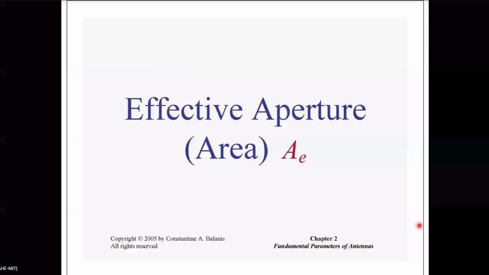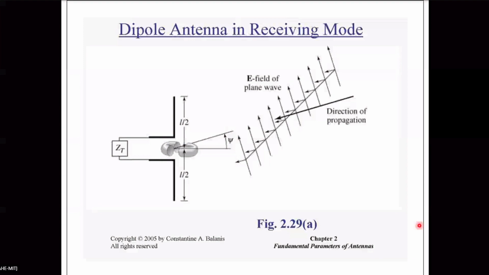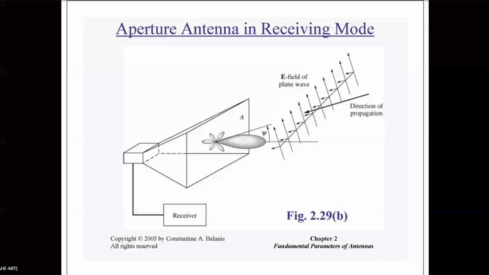Let us see what this is. Now you can see an antenna, the direction of propagation of the wave, and the E field plane wave. The direction of propagation is this. This is the antenna. Now this is an aperture receiving the incident field.